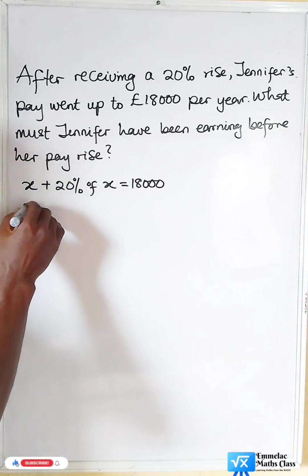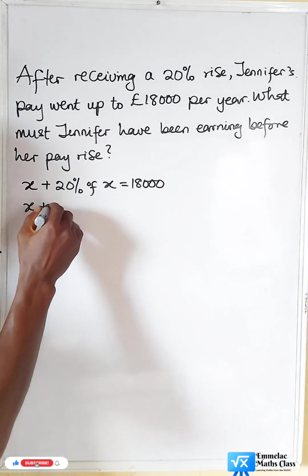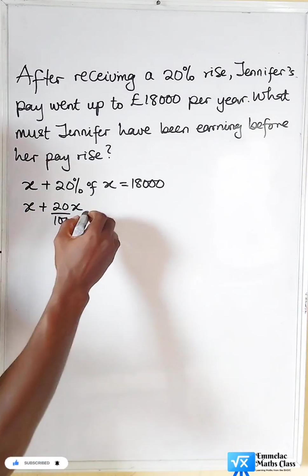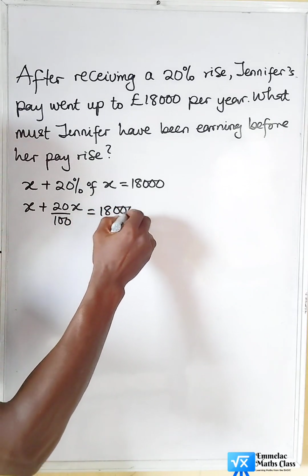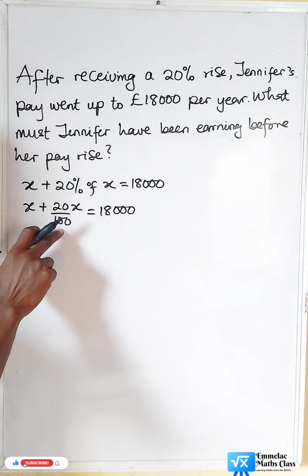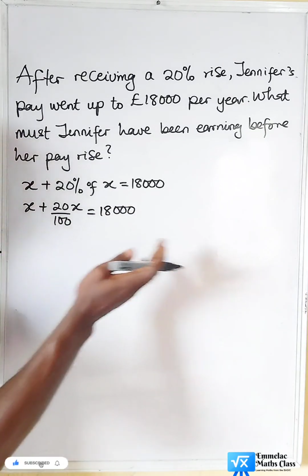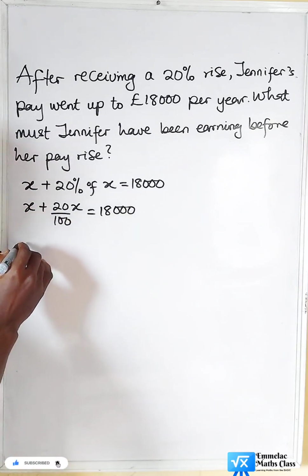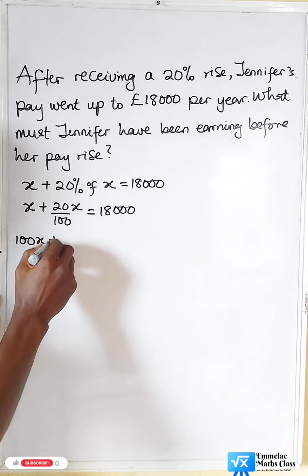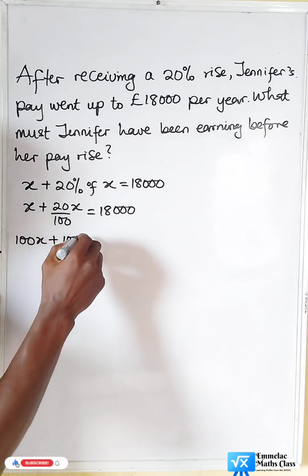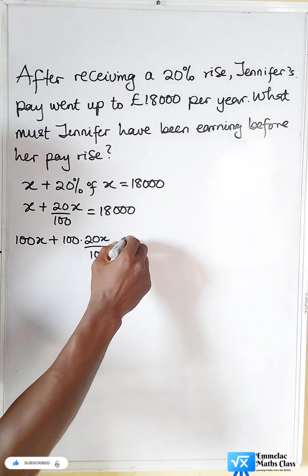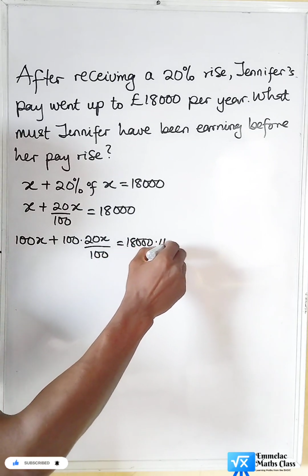So here we have X plus 20% implies 20 over 100 times X, which equals 18,000. Now we multiply both sides of the equation by 100 to eliminate the 100 and make the equation more linear. So we have 100 times X gives 100X, plus 100 times 20X over 100, equals 18,000 times 100.